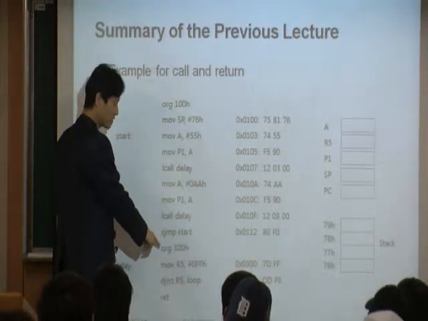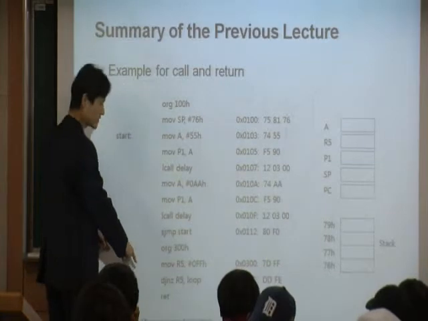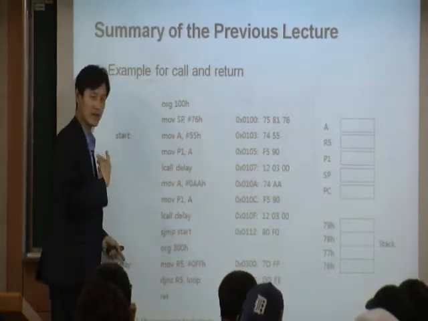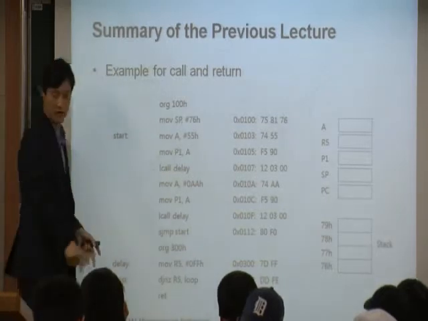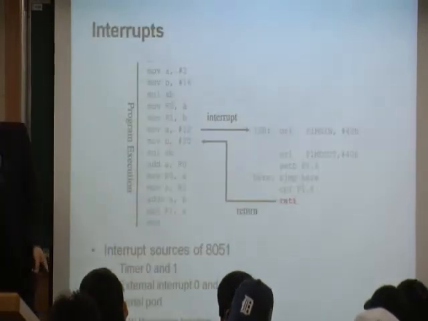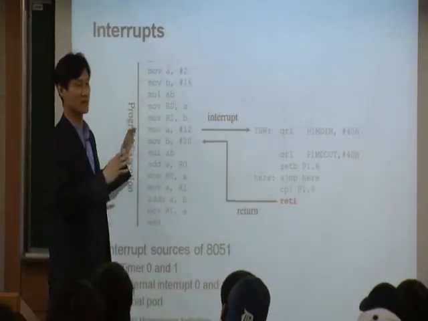And we also know that whenever we finish the subroutine, we are going to jump back right here. However, in an interrupt, there's no call instruction, or anything like that.